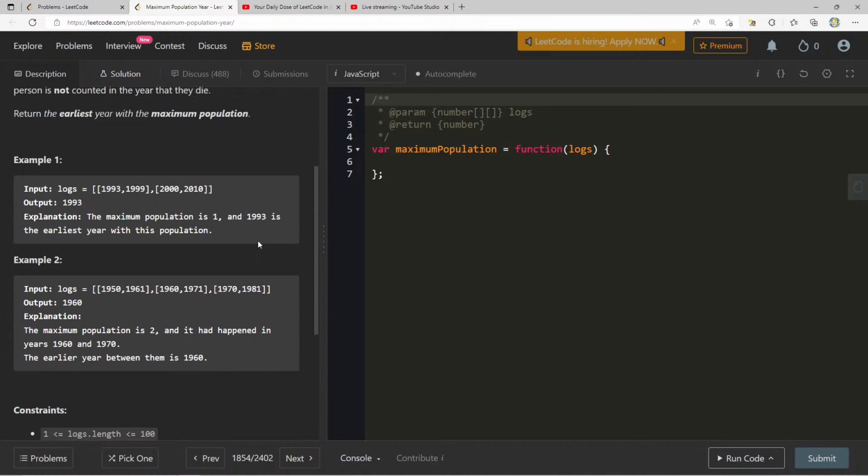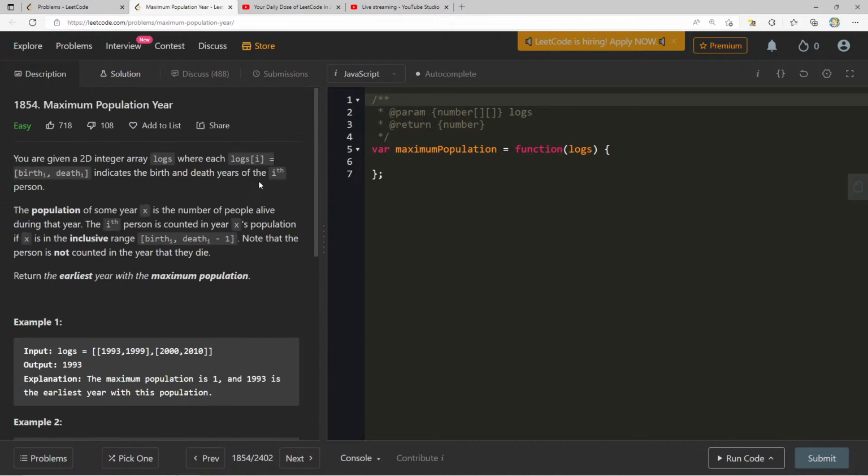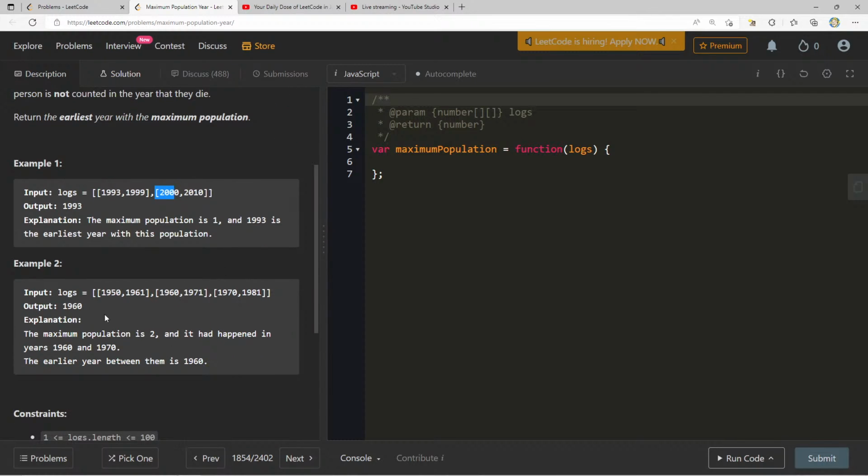Okay, so let me see, 1993 and 1999, where each logs[i] indicates the birth and death years of the ith person. So this person lived from 1993 to 1999, this person from 2000 to 2010.